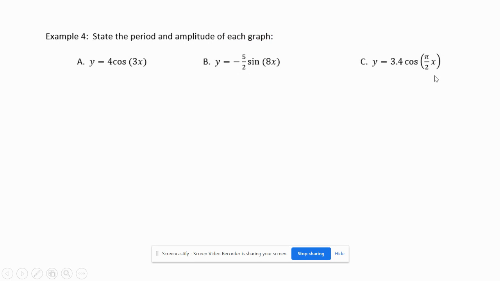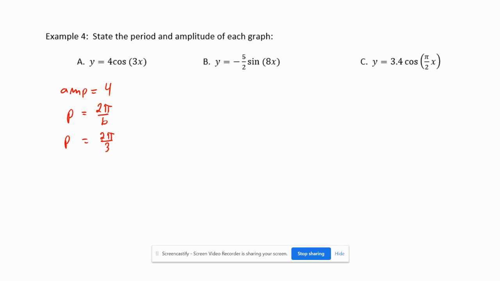All right, state the period and amplitude of each graph. In this case, our amplitude equals 4. Our period equals 2 pi over b, so therefore 2 pi over 3 is our period.